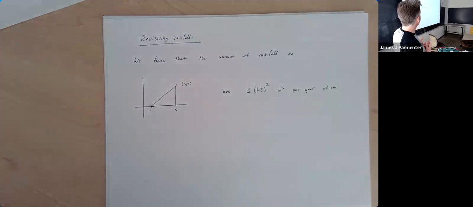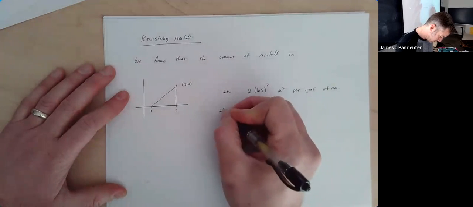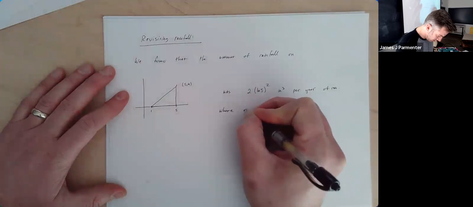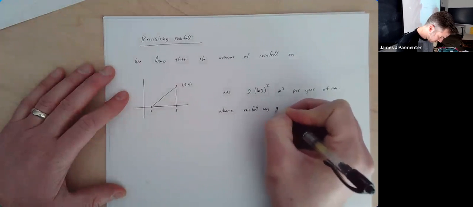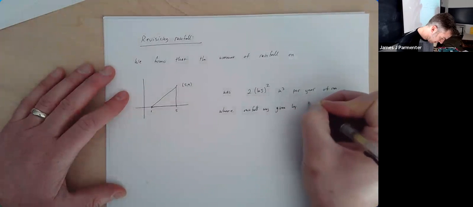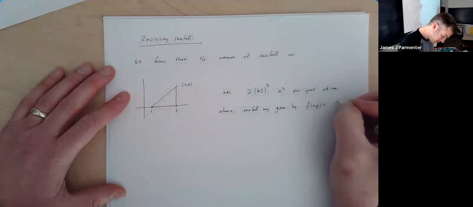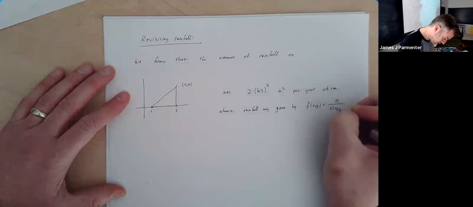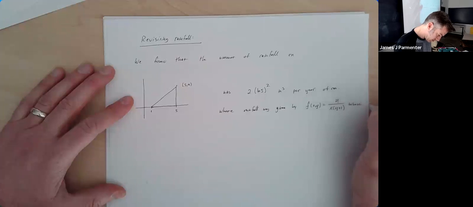I should also mention that the rainfall was given by f of x comma y equal to 4 over x times y plus 1 inches per year.